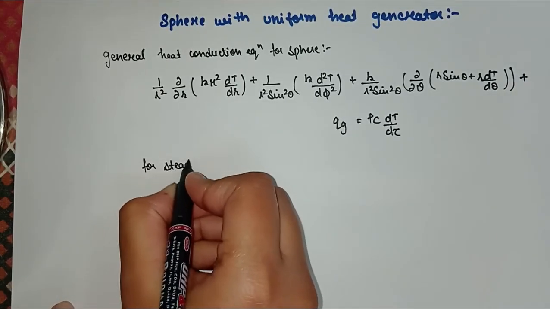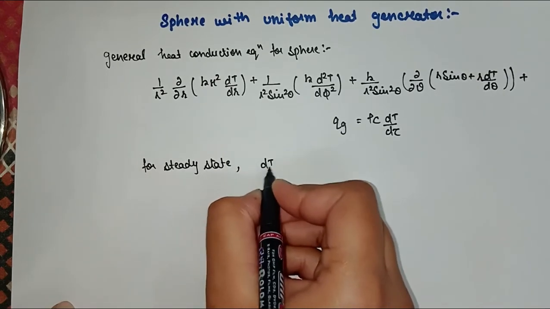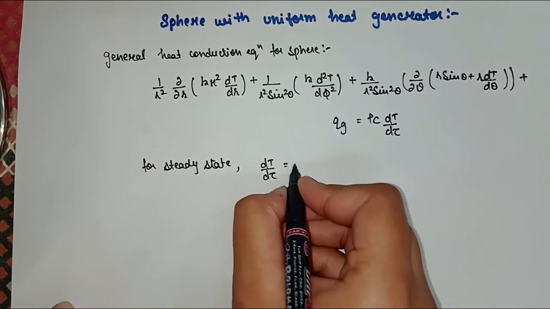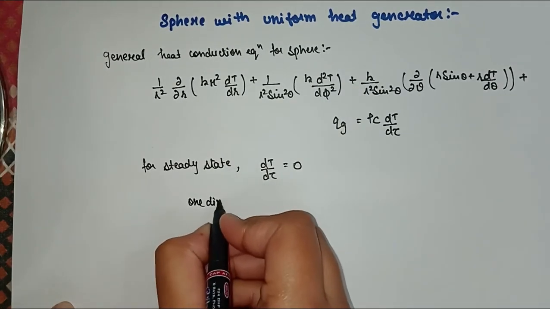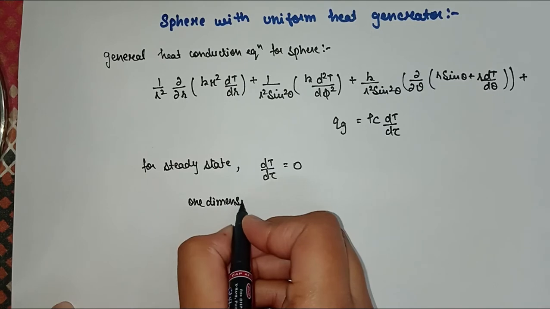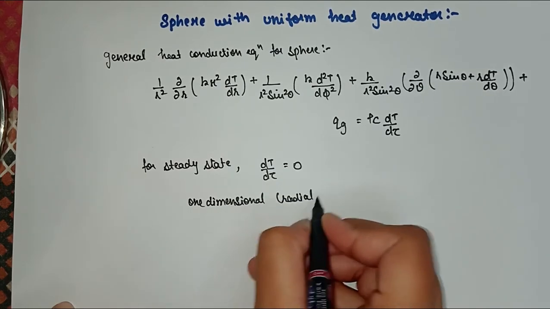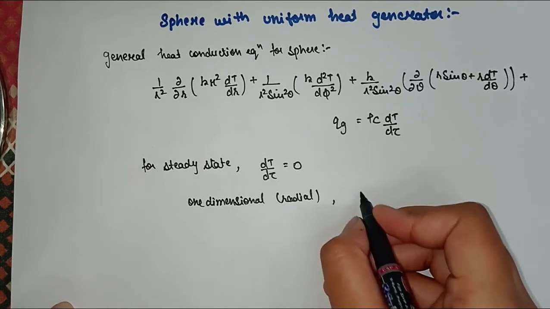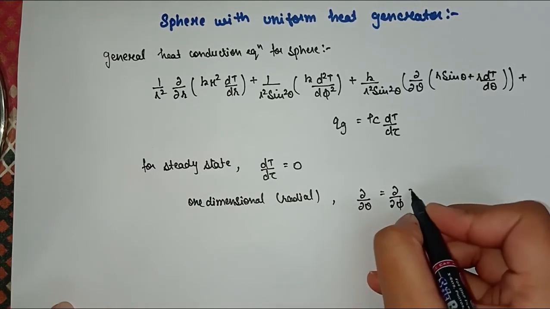In this we have assumed steady state, therefore dT/d tau will be 0, and also it is one dimensional. Let's assume the direction is radial, therefore the derivatives with respect to theta and phi are equal to 0.